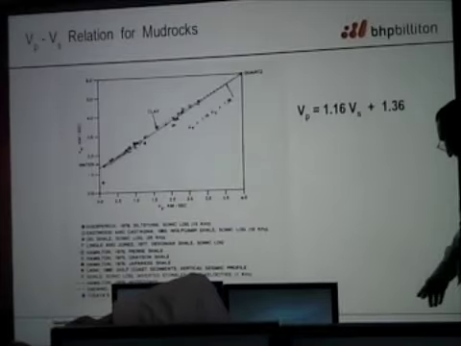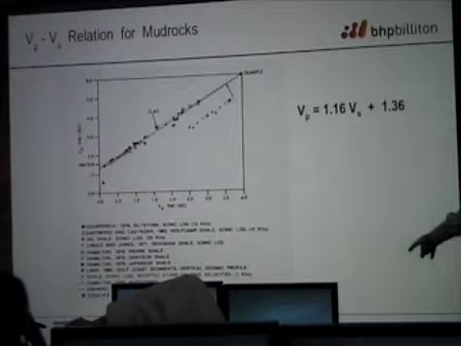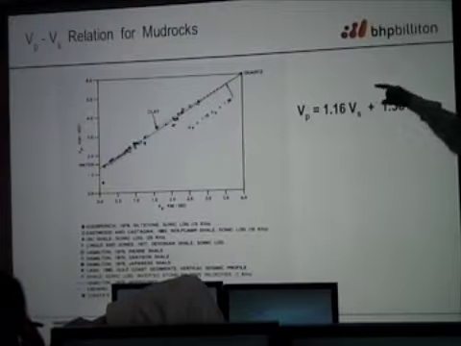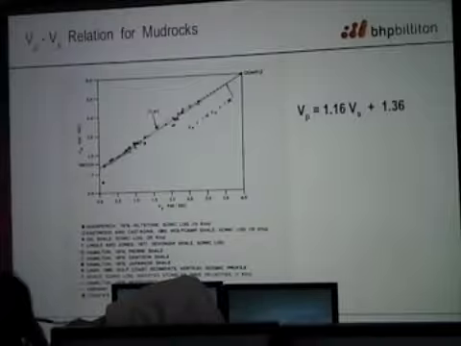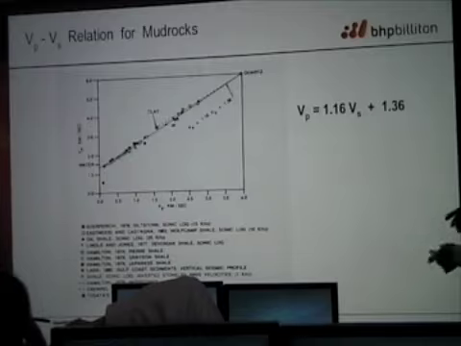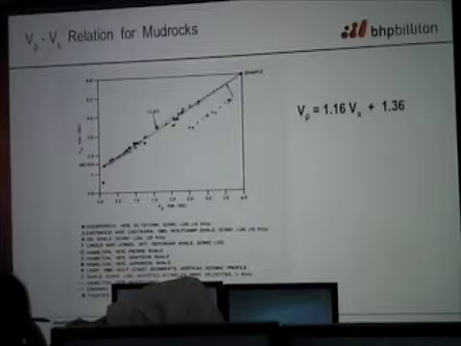John Castagna and Mike Batzle, and Mr. Eastwood, in 1985, published this relation here. It's a simple linear relation between VP and VS for what they call mud rocks over a wide range. Mud rocks are siltstones, shales, that kind of material.